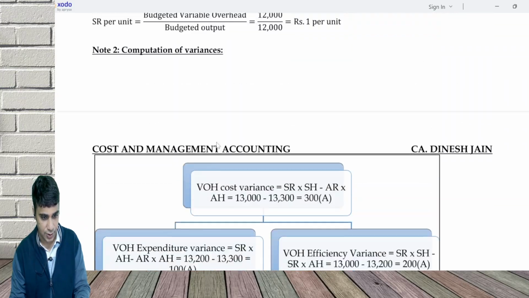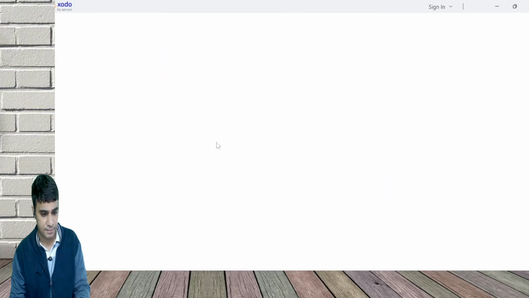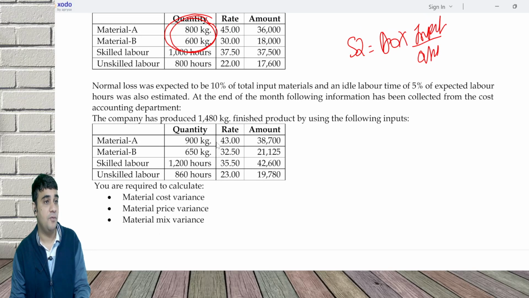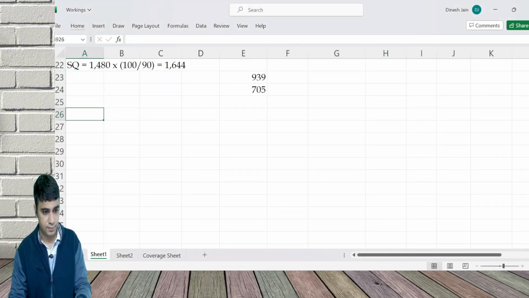Let's get back to this question. So this is a problem on multiple labor without idle time. Labor variances.